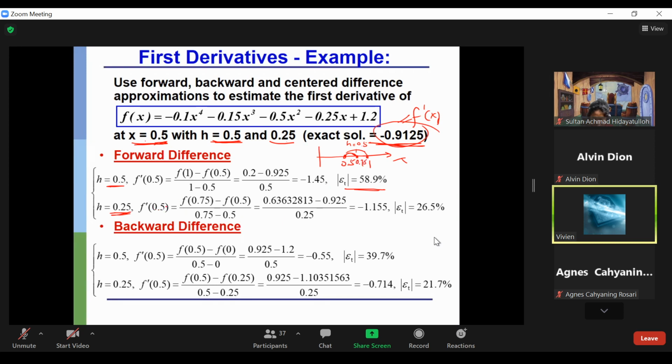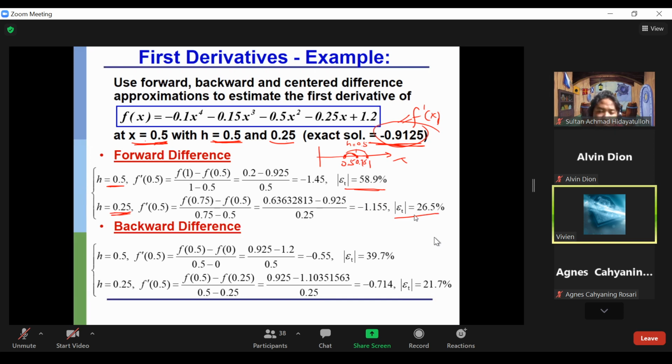So f accent at 0.5 is equal to f at 0.75 minus f at 0.5, over delta x, which is 0.75 minus 0.5. And this is the result. Now the error here is 26.5%.